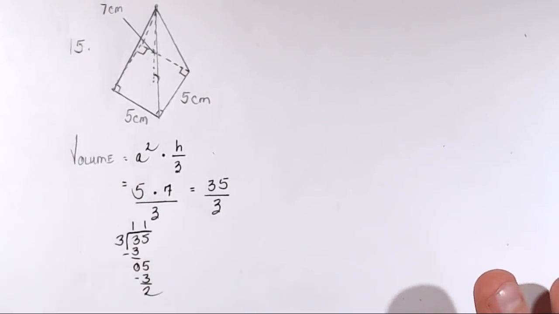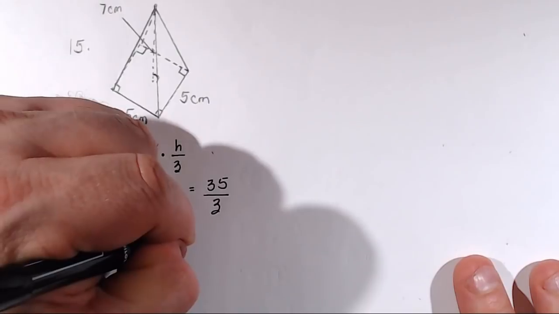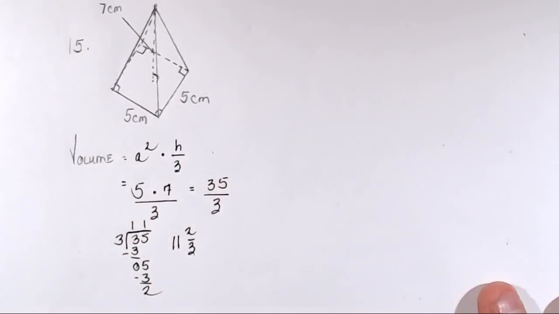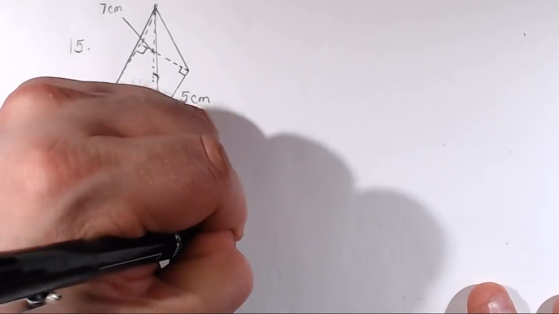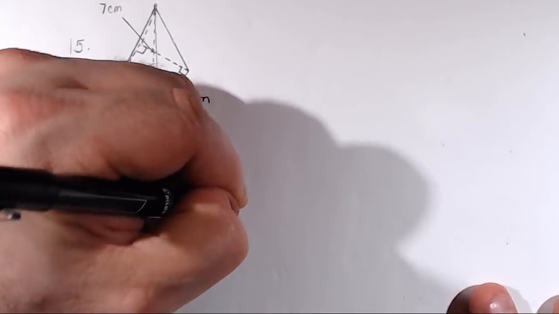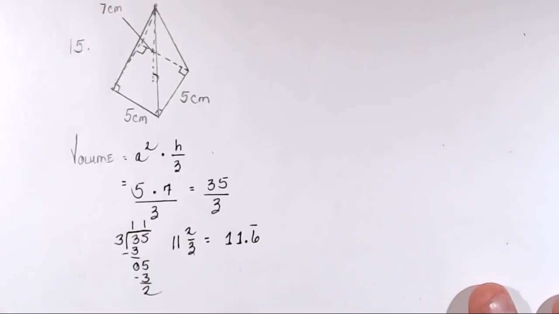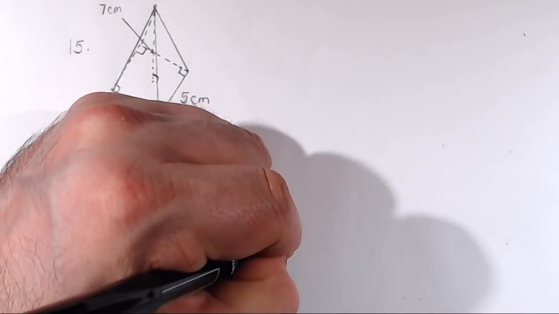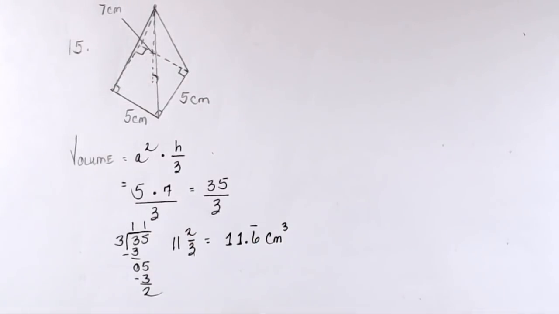And now we write down 11 2/3. That's the answer. And if you evaluate 2/3 out, you get 0.66666 forever. So this is equal to 11.6 repeating. I guess I want you to take it out a decimal point or two. And then since it's volume, it's going to be centimeters cubed. Should be something like that.